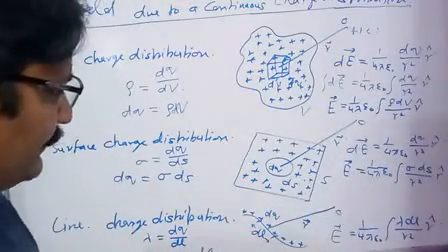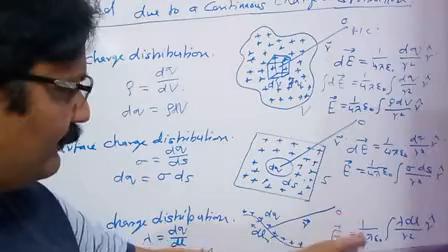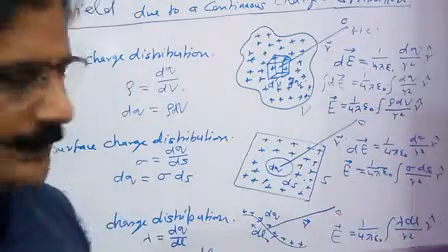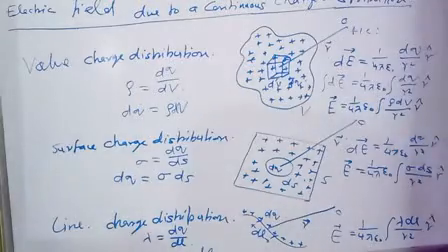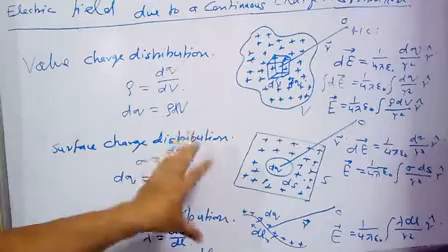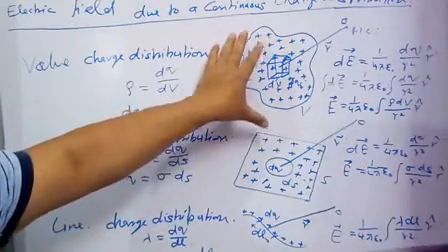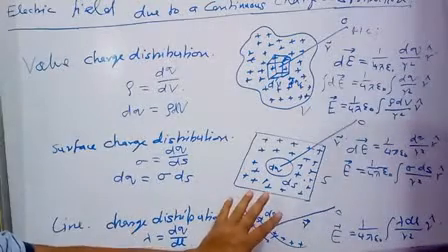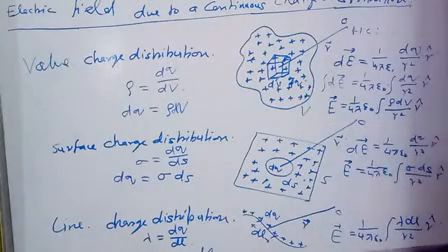For linear charge distribution, E is equal to 1 by 4 pi epsilon naught integral lambda into dl divided by r square r cap. So in this way, we can find the electric field due to a continuous distribution of charge, whether the charge is distributed uniformly over a volume, over a surface area, or over a length of the conductor.